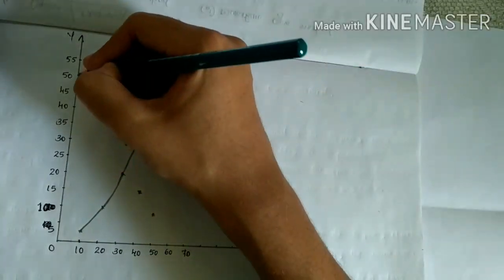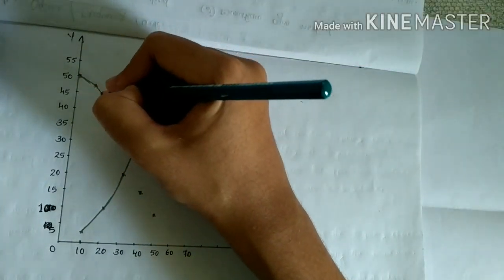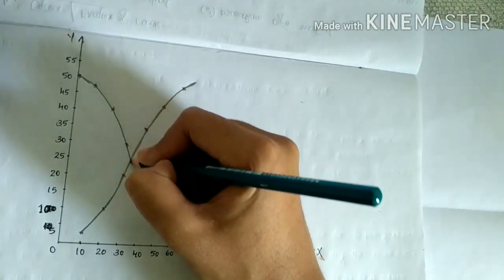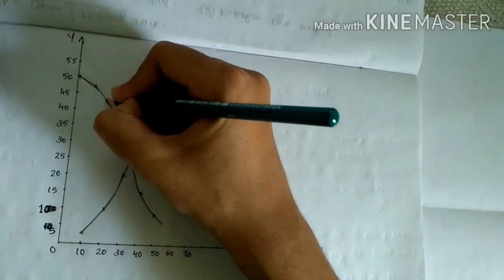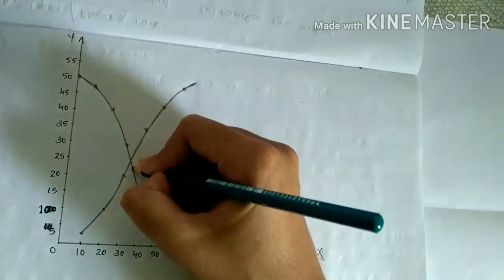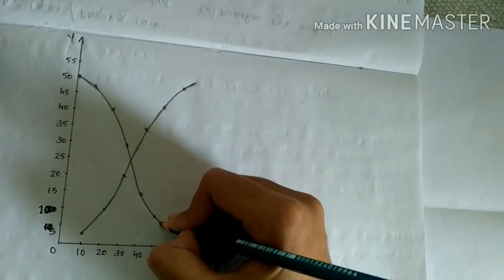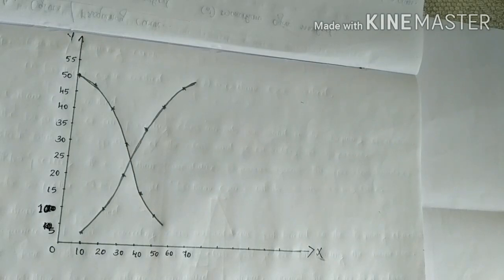Then after plotting all the points, next you have to join these points by hand. So this curve is known as more than ogive or more than cumulative frequency curve.